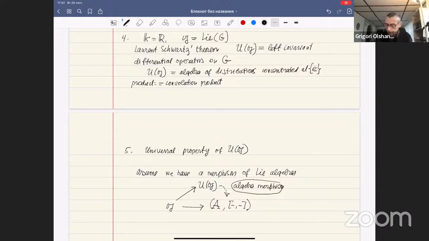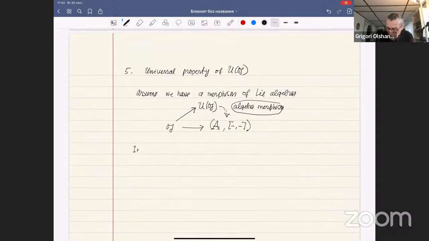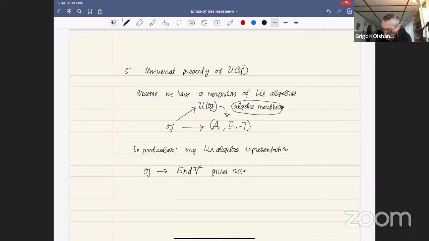So in particular, it means that any Lie algebra representation in some vector space V gives rise to a representation of the universal enveloping algebra on V, and vice versa.